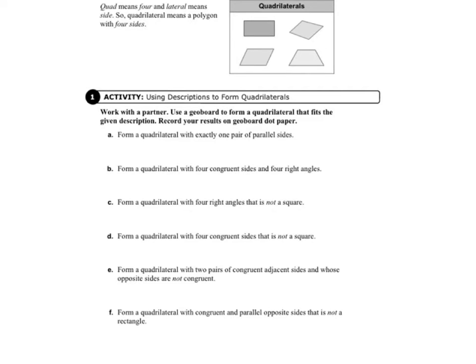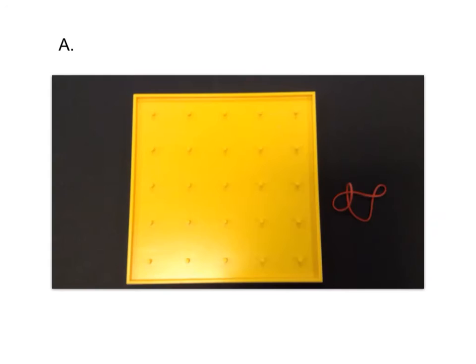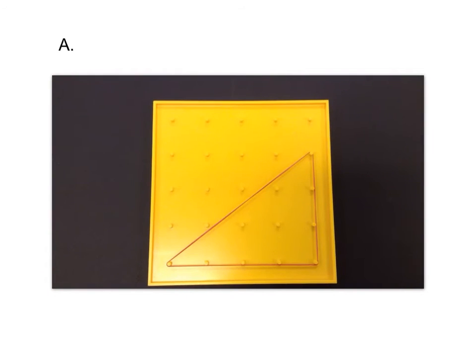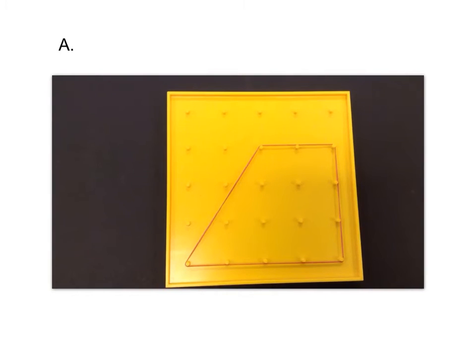So letter A says to form a quadrilateral with exactly one pair of parallel sides. So we're going to go on to the next slide and you're going to see how that's formed. So here's my geoboard and the rubber band, and you can see that I start at the bottom and I stretch it up and then across.